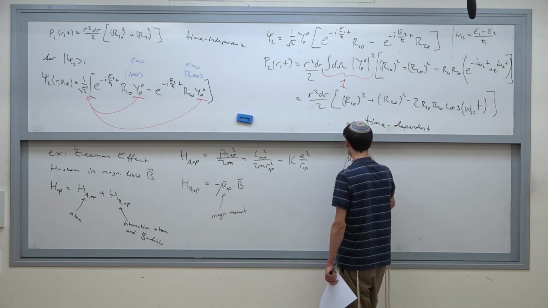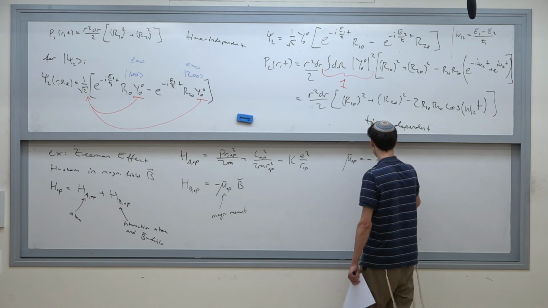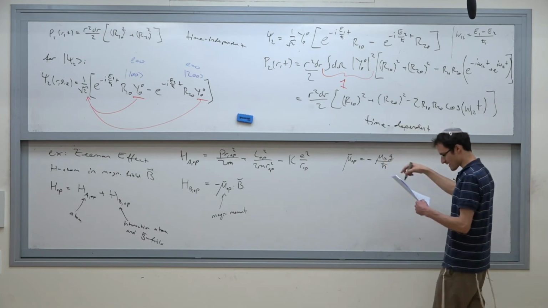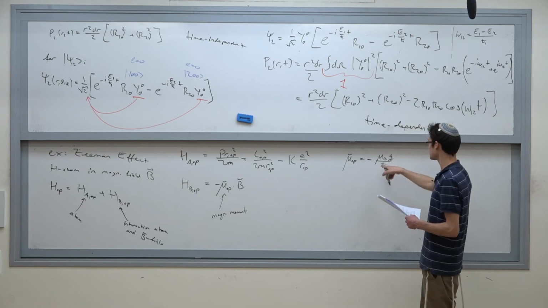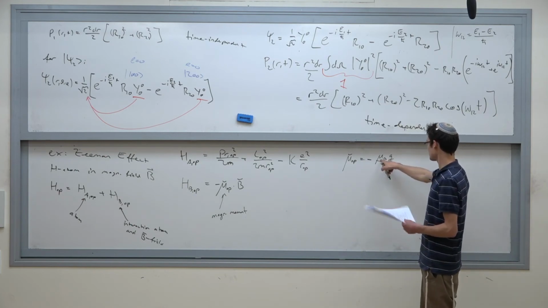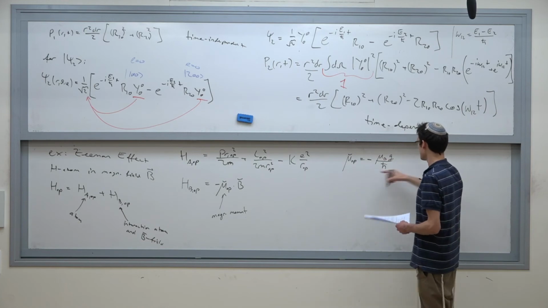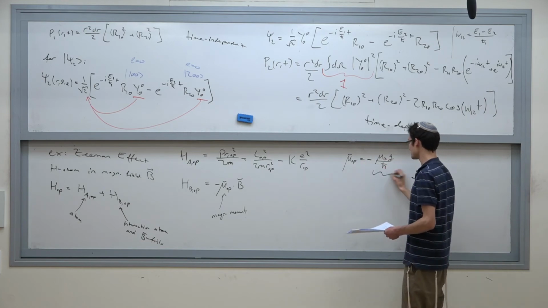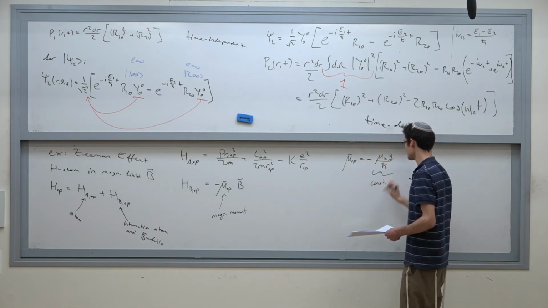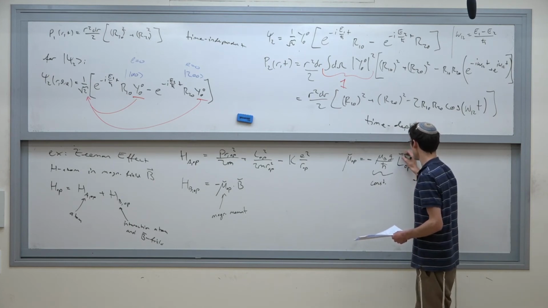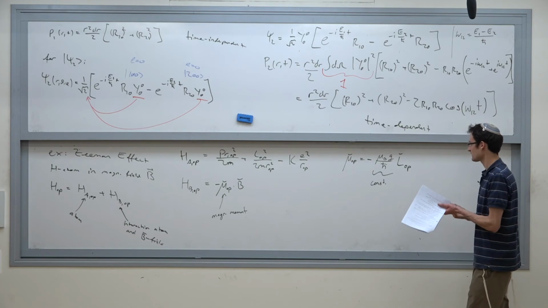It's actually just a couple of constants. Don't worry about what they are exactly, they're all positive constants. Mu B is called the Bohr magneton, g is the gyroscopic ratio, and h bar is the Planck constant. So it's a couple of constants times the angular momentum operator.